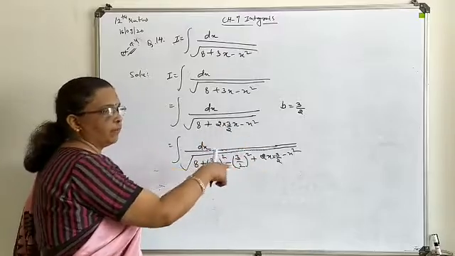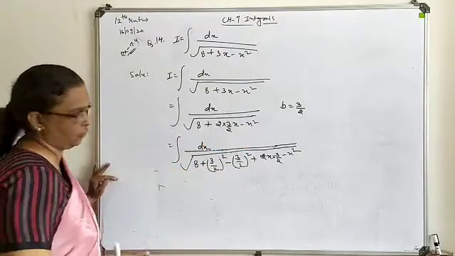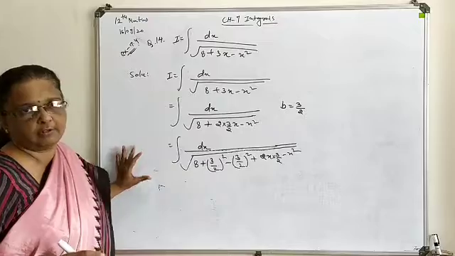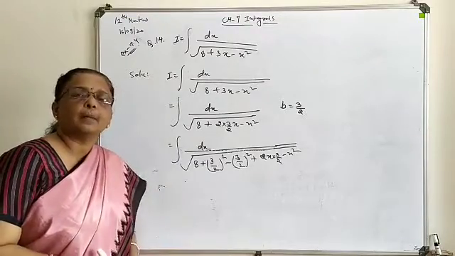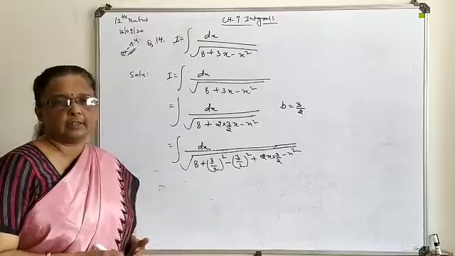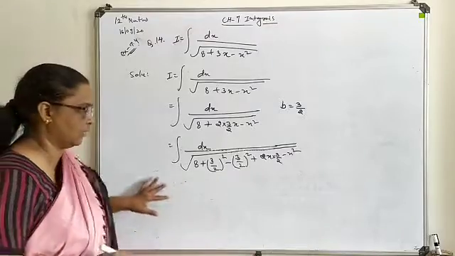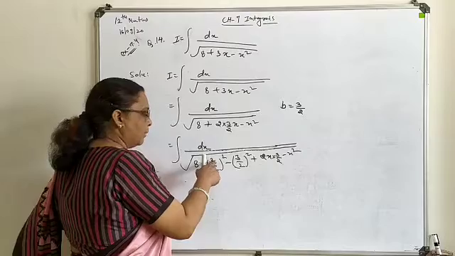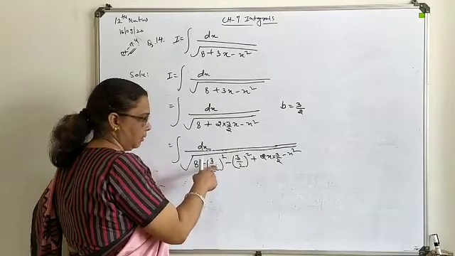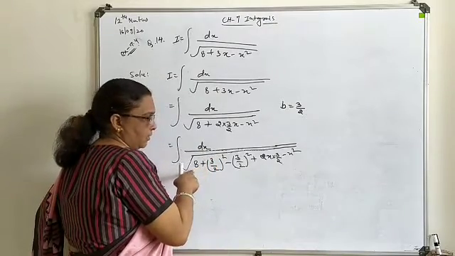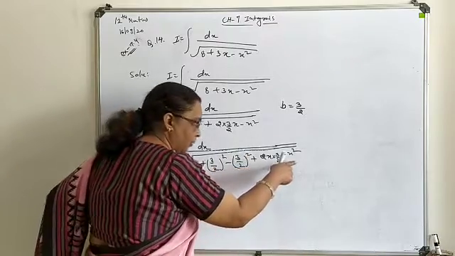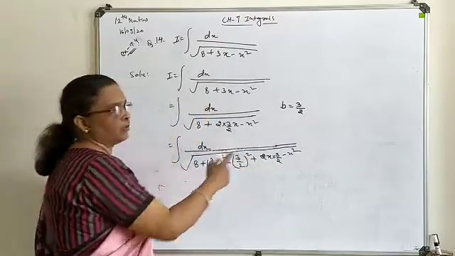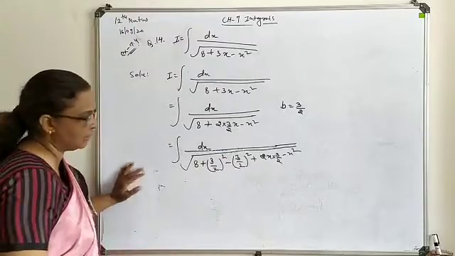Then only we can frame a perfect square, otherwise not. So up to now, in all the questions we attended, x square was carrying a plus sign, so we had not made this kind of adjustment. Now here plus 3 by 2 whole square you will add with this constant, and this minus 3 by 2 whole square you will combine with the remaining 2 to make sure of the formation of a perfect square.